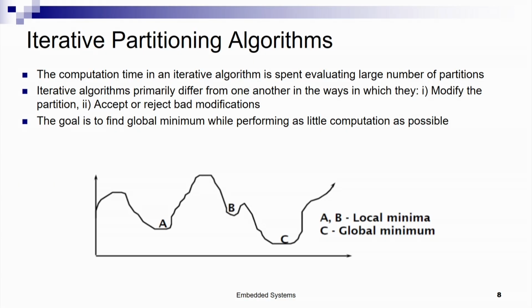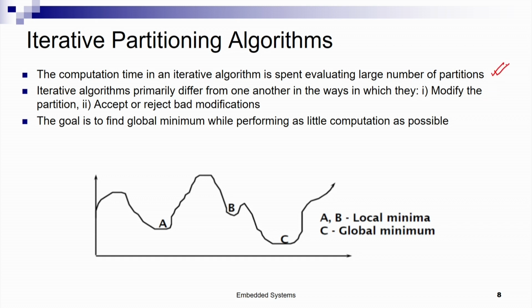The optimal algorithms will take a long time to decide how to do this. We will look at optimal algorithms in other places. Here we will look at two heuristic algorithms in this class, two iterative partitioning algorithms. How do they proceed? The computation time in an iterative algorithm is spent evaluating a large number of partitions.